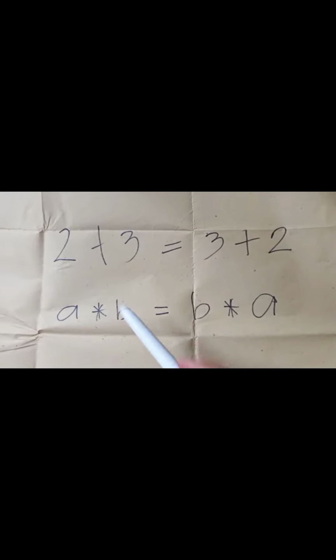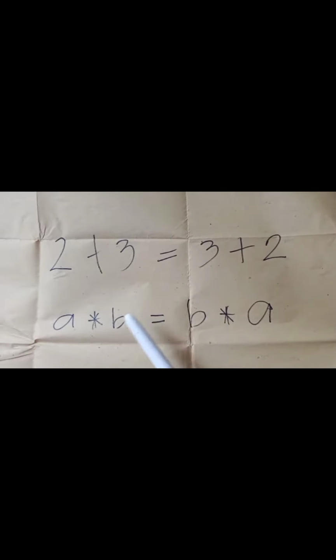Commutativity. The commutativity property states that you can move numbers around and still arrive at the same answer. Addition and multiplication of real numbers are both commutative. That is, the order of the numbers does not affect the result. So for example, 2 plus 3 equals 3 plus 2.